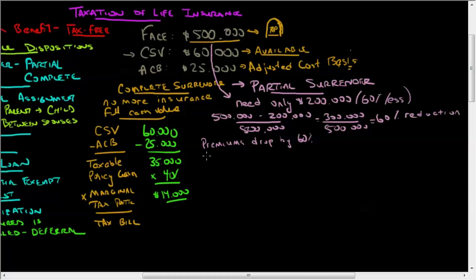Your cash value will drop by 60%. So that CSV will come down by 60%. That means you'll have 60,000 less 60%.